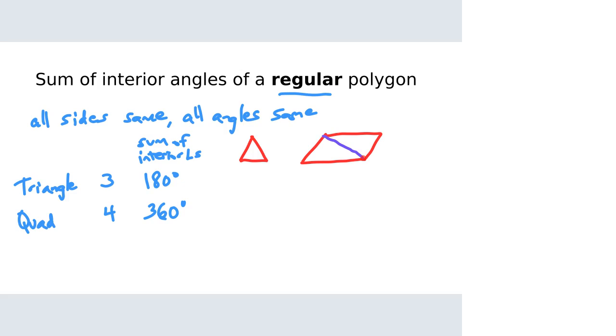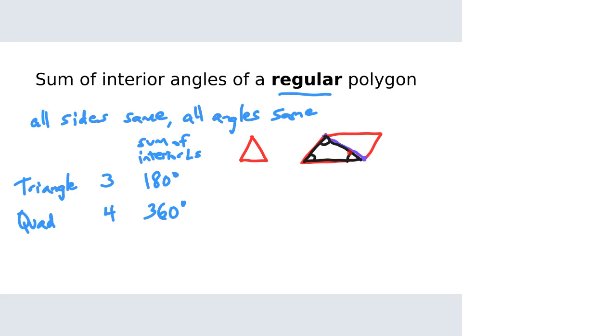If I draw a line through here called a diagonal, it goes from one side to the other, connects one vertex to another, and goes through the middle of the polygon. What I've created now is a triangle over here, so these angles add up to 180.